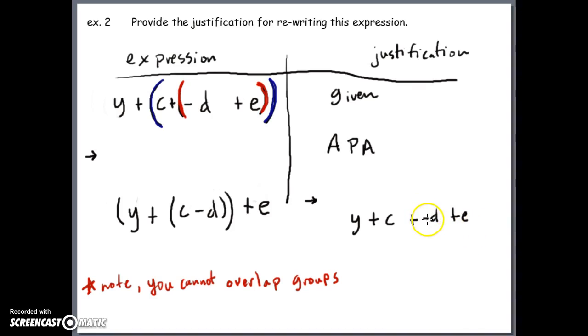The small set incorporates the negative D plus E. But if we shift this large set the way it needs to be around the Y plus C minus D, then what ends up happening is we have overlapping parentheses. Now we've got overlapping parentheses, and you cannot have overlapping parentheses.